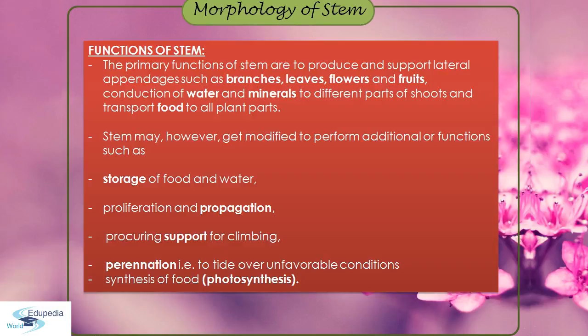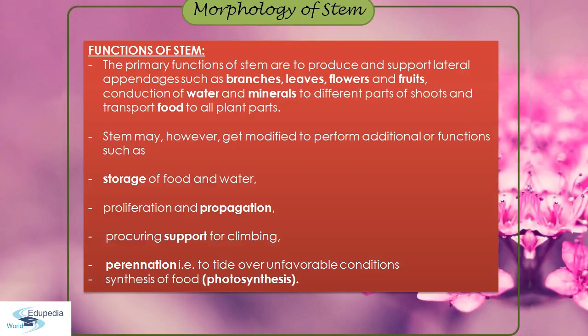Now comes the function of a stem. The primary functions of the stem are to produce and support lateral appendages such as branches, leaves, flowers, and fruits. Another function of stem is the conduction of water and minerals to different parts of the shoot and transport of food to all plant parts.